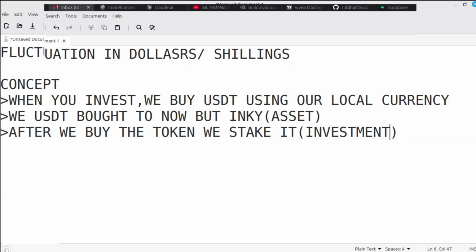Once you have bought the asset, the INK token, you go and you stake it using the Inkryptus wallet. That is the investment part. So we start with our local currency, we convert it to USDT. After we convert it to USDT, we swap it again to what? To INK. Once we have the INK, we go and stake it.